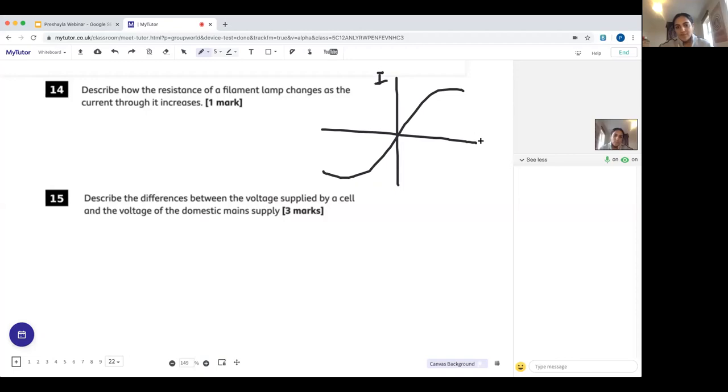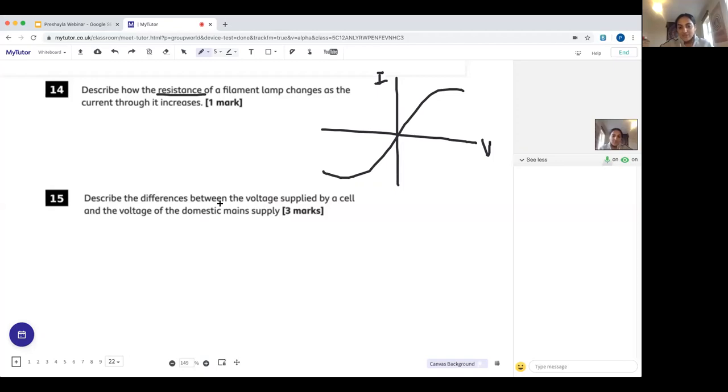What happens to the resistance as the current increases? Brilliant, loads of you put in the right answer. It also increases. So the resistance increases if the current increases, because if the current increases, the filament gets hotter. If the filament gets hotter, the resistance increases.